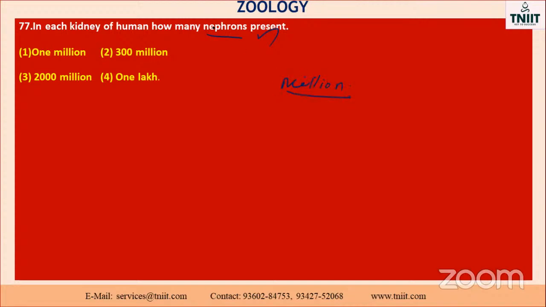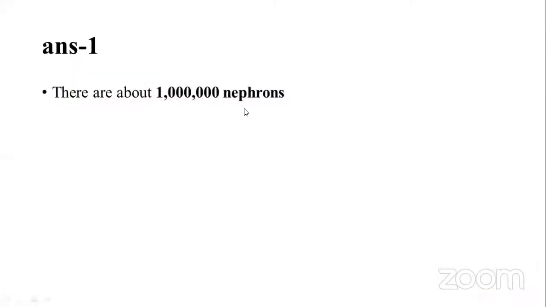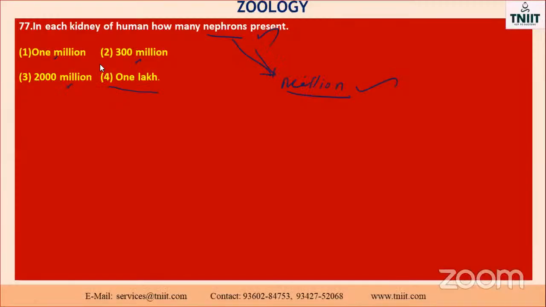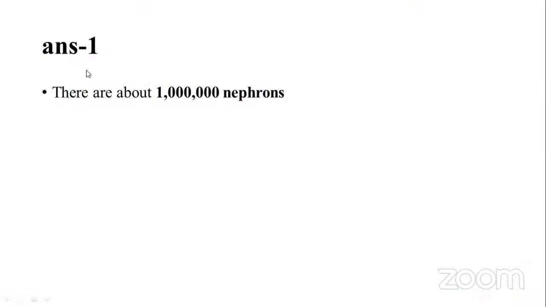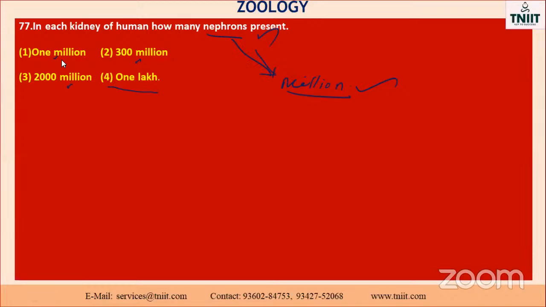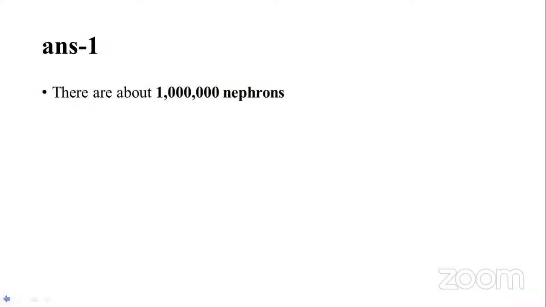Just one thing you should remember: the nephron count is in millions in each kidney, whether 1 million, 300 million, 2000 million or 1 lakh. See the option, 1 million is the correct answer. So don't forget, my dear students. Option A is the correct one.